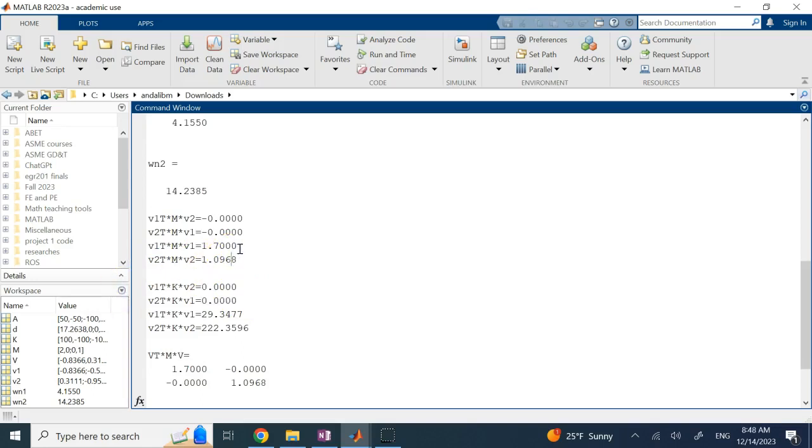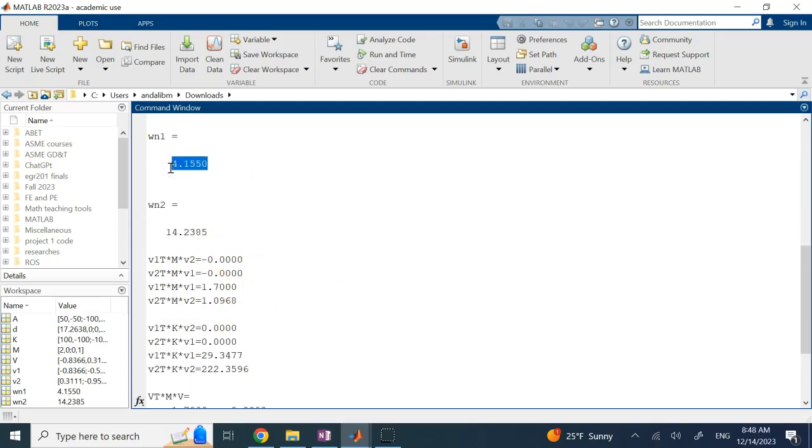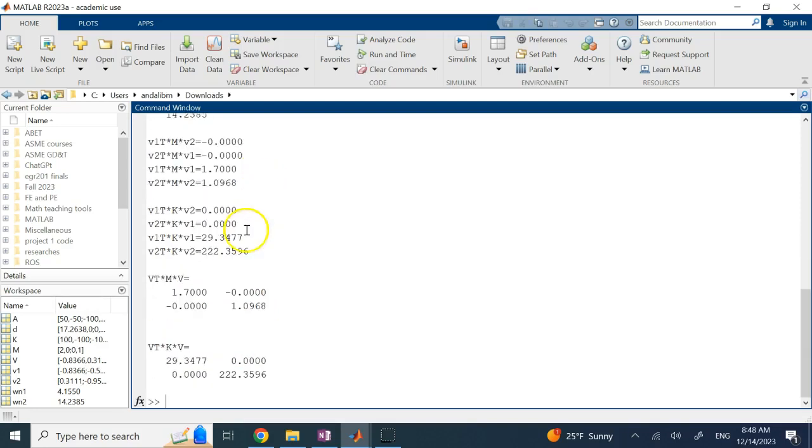But when you plug in the same V for M and K, you get M11, M22, K11, and K22. If you divide this K22 by this M22 and take a square root, you'll get this frequency. If you divide this K11 by this M11 and take a square root, you'll get this frequency, okay?